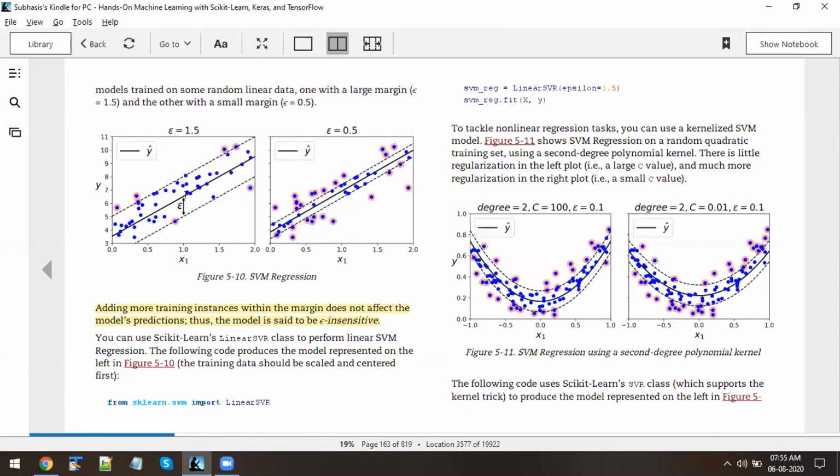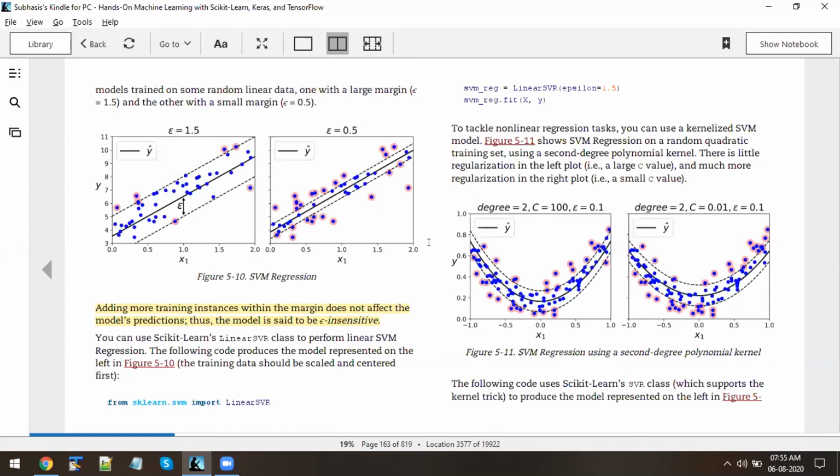So this is the point he makes, that epsilon is the width of the street. In that case, adding more training instances within the margin does not affect the model prediction. Thus the model is said to be epsilon-insensitive. So epsilon dictates the width of the street. And C dictates, as Joseph was saying, the penalty associated with a misclassification.